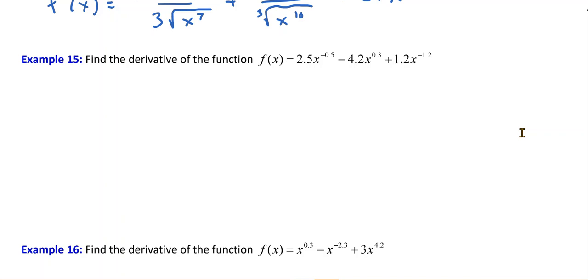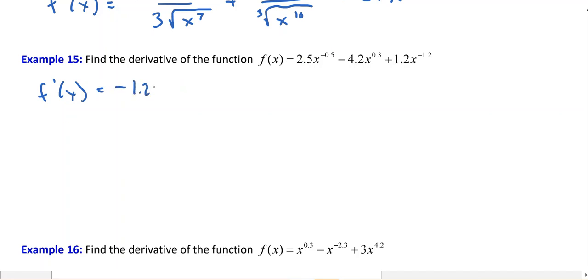So the derivative of this: we're going to take the negative 0.5 times 2.5. Negative 0.5 times 2.5 is a negative 1.25 x, and a negative 0.5 minus 1 would be a negative 1.5.